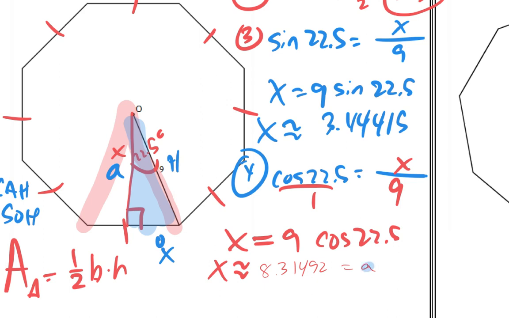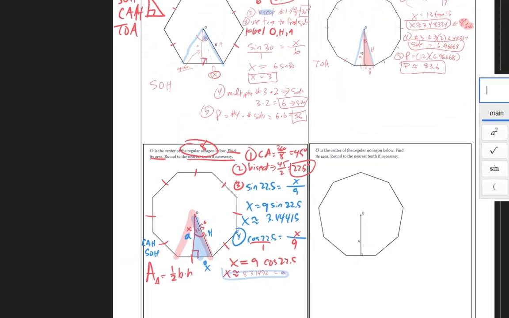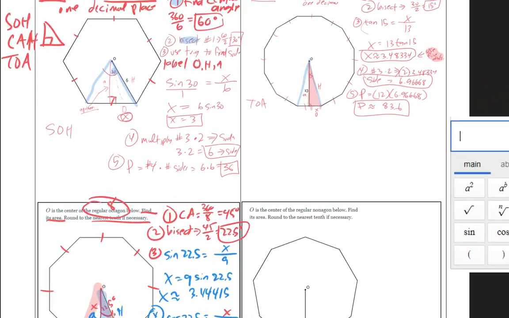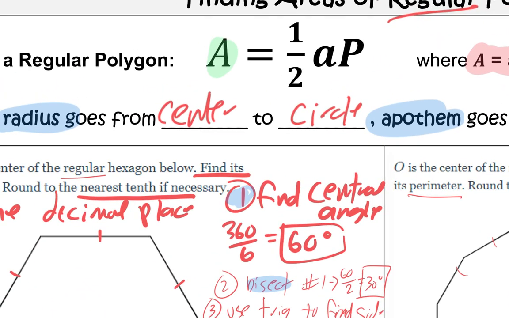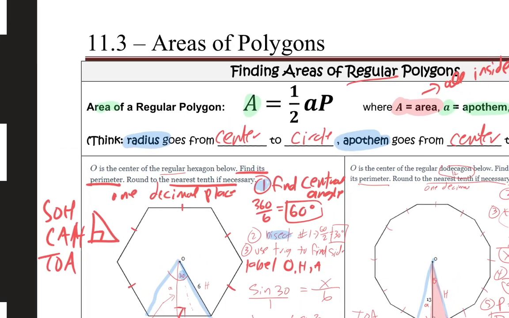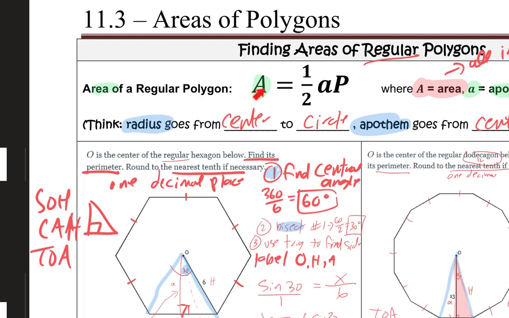That's our apothem. This is keeping us with the same thing as finding the area of each of those triangles. We said to find the area of a regular polygon, the area is 1/2 times the apothem times the perimeter. Perimeter is the whole thing.